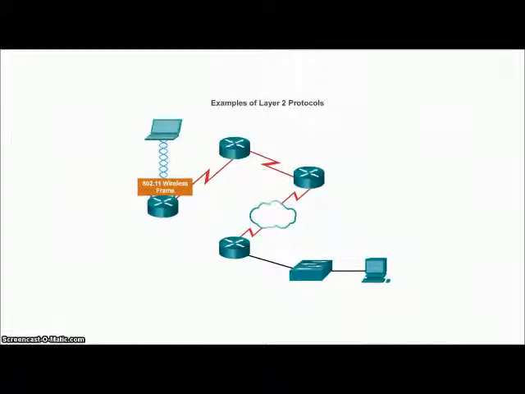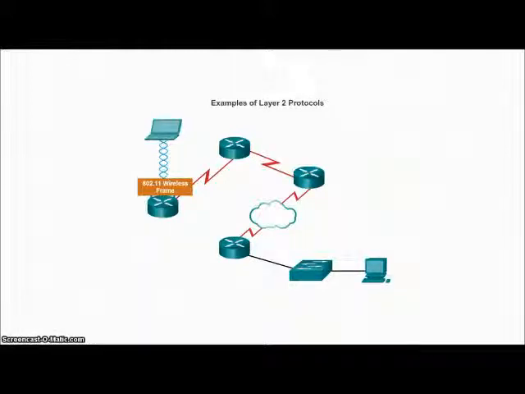Finally, in a TCP/IP network, all OSI Layer 2 protocols work with the IP at OSI Layer 3. However, the actual Layer 2 protocol used depends on the logical topology of the network and the implementation of the physical layer.